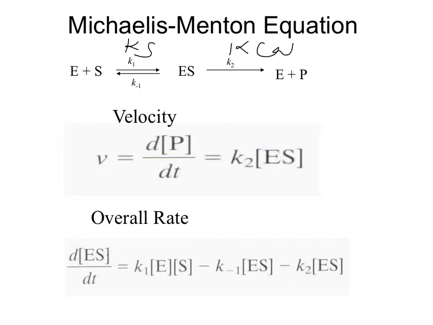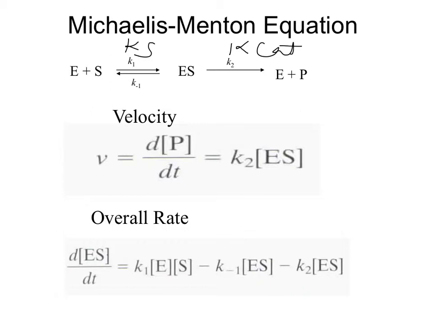Michaelis-Menten also uses the convention of this being the Ks and this being the kcat. And so in this, the velocity is defined as the rate of product formation, which is then equal to K2 times the enzyme substrate concentration, right, as shown here. And then the overall rate of enzyme substrate complex becomes equal to K1 times enzyme times substrate minus K minus 1 enzyme substrate and minus K2 enzyme substrate.